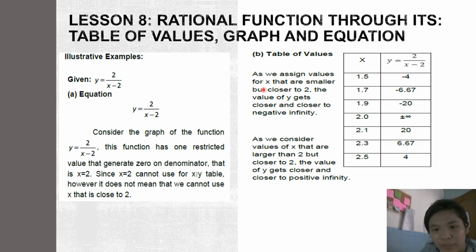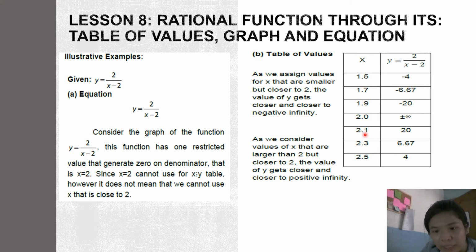As we assign values of x that are smaller but closer to 2, the value of y gets closer and closer to negative infinity. See? Negative 4, negative 6, negative 20. If you substitute 1.99999, it is even closer to negative infinity. For the positive side, as we consider values of x that are larger than 2 but closer to 2, the value of y gets closer and closer to positive infinity.